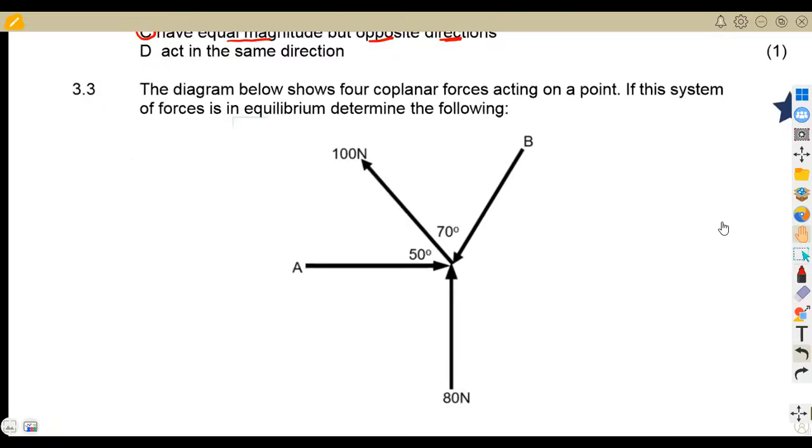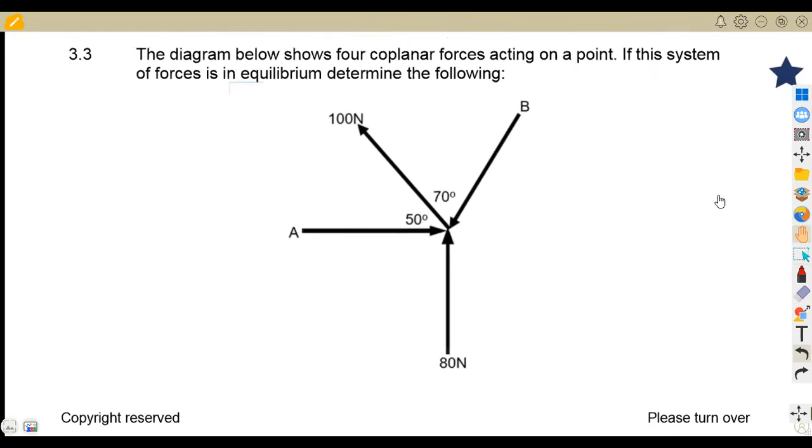All right, on 3.2, we are now given the diagram below showing four coplanar forces acting on a point. If this system of forces is in equilibrium, take note, the horizontal component will be equal to 0. The vertical component will be equal to 0. All right, we are given to determine the following.